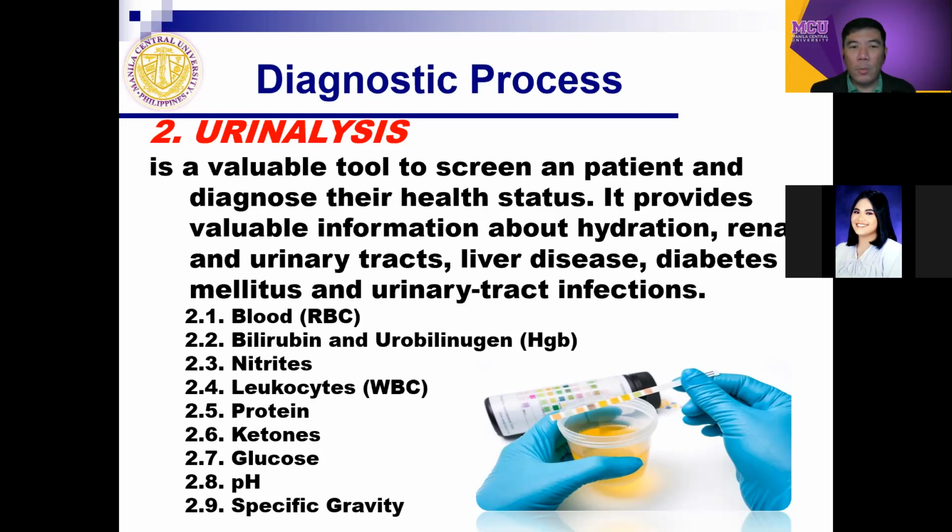For bilirubin and urobilinogen, actually, urobilinogen is much more commonly present in the urine, but bilirubin is not supposedly expected in the result of the urine analysis, because if there are findings of bilirubin in the urine, then this could be very alarming for the early detection of a problem with the liver.